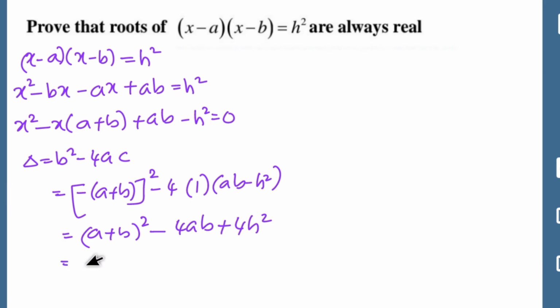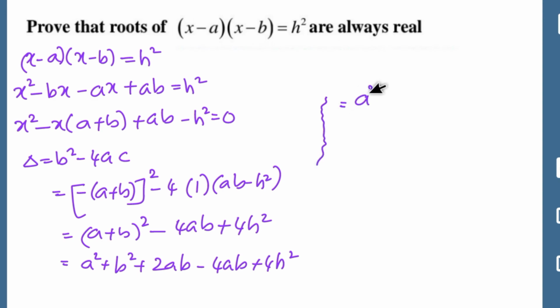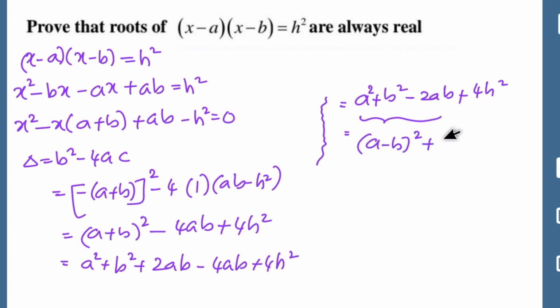Expand this, a plus b whole square. So a square plus b square plus 2ab, next minus 4ab plus 4h square. This implies a square plus b square, 2ab minus 4ab, minus 2ab plus 4h square. From first three terms, this is a minus b whole square plus 4h square can be written as 2h whole square.